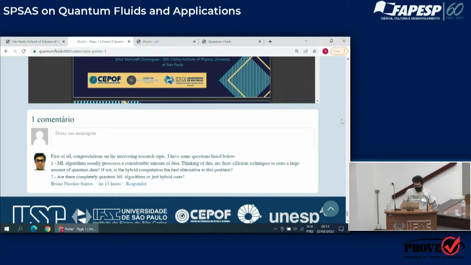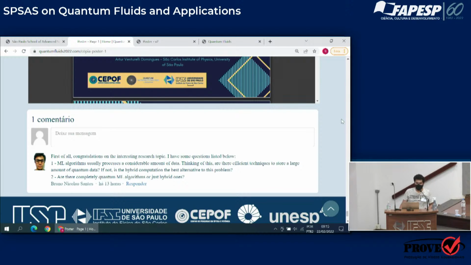ML algorithms usually process a considerable amount of data. Thinking of this, are there efficient techniques to store a large amount of quantum data? I haven't actually seen any techniques about storing a large amount of data.